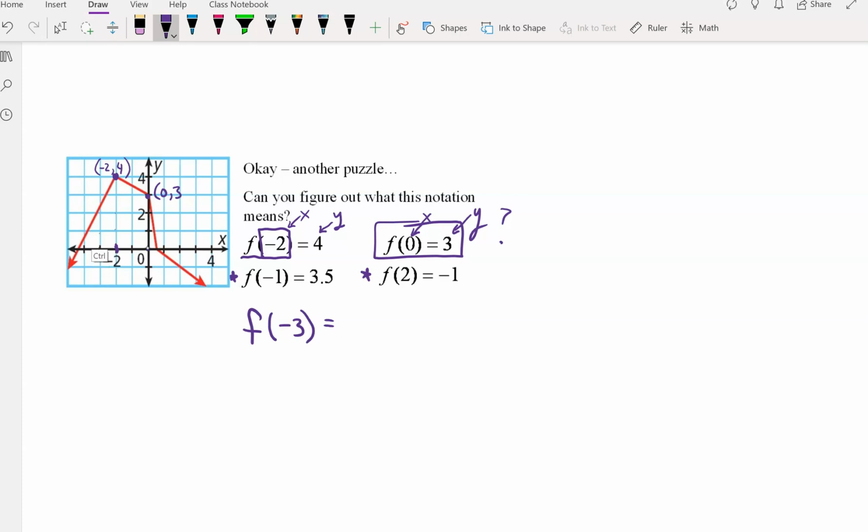And then we look at the y value that corresponds to that. Probably maybe 2.5, maybe not quite 2.5, but we could say it's about 2.5. Okay, so this is our x value, this is our corresponding y value. And that's how you work with function notation to analyze your graph.